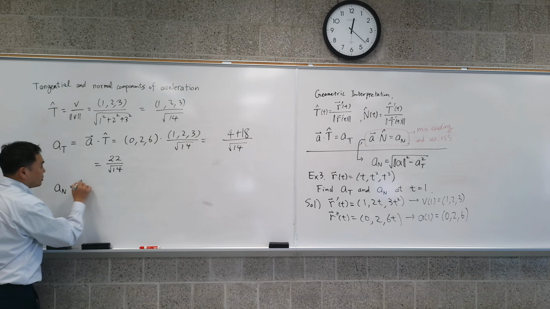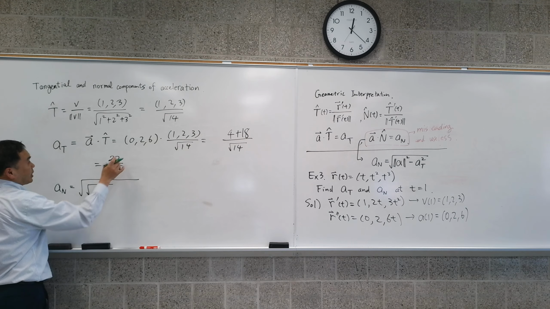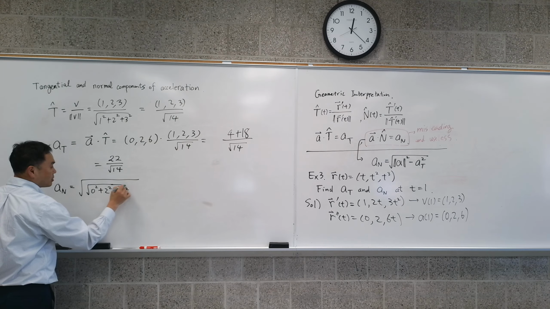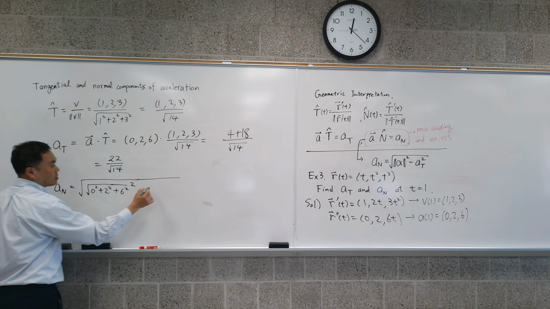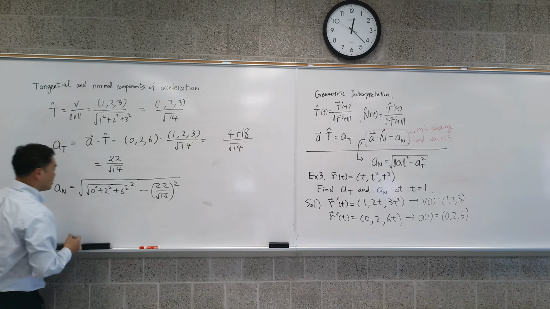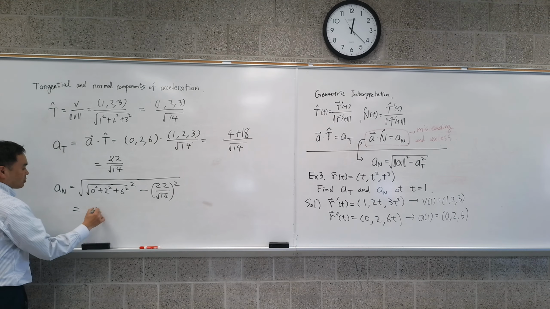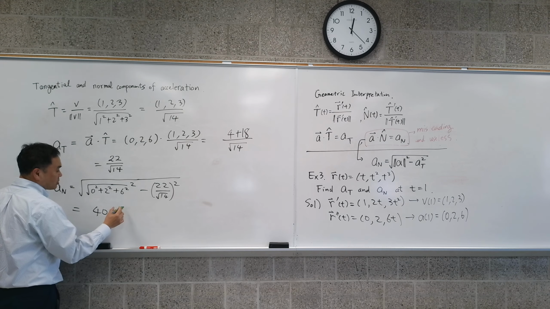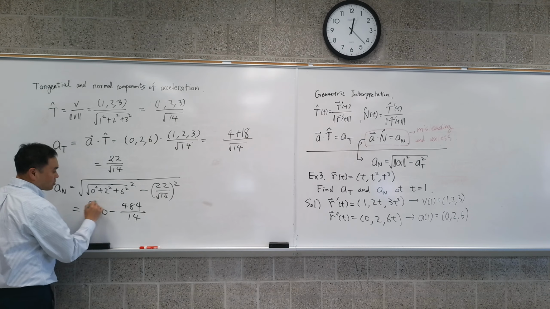as square root of, well, what's the square root of the A? It's 0, 2, 6, so 0 squared plus 2 squared plus 6 squared, minus this squared, 22 over square root of 14 squared. Now I feel like I need a calculator. Let's see, 36, 4, 40 minus 484 over 14, square root.